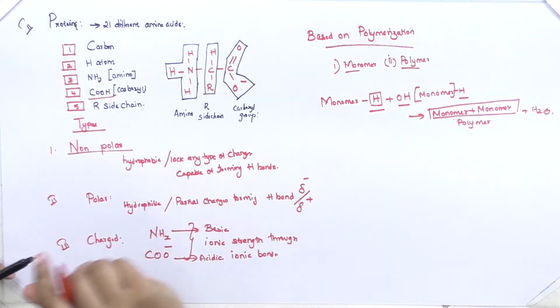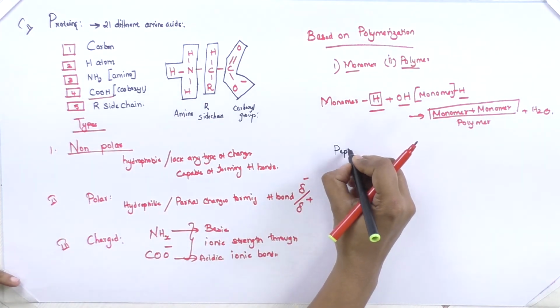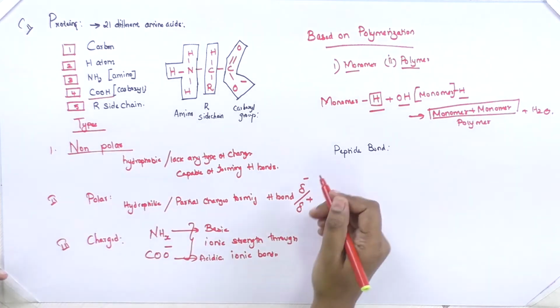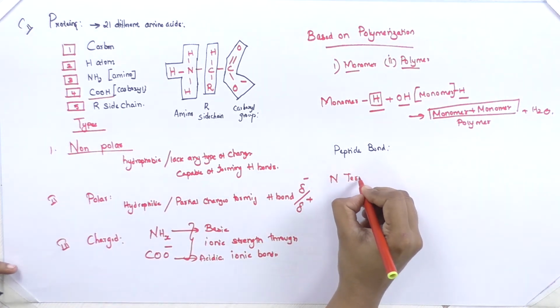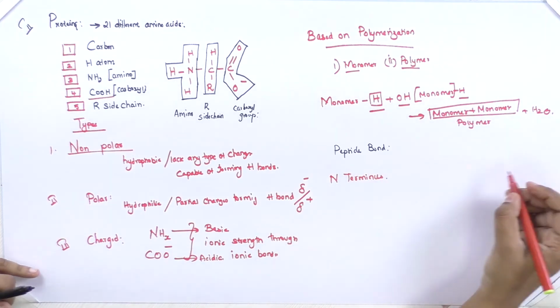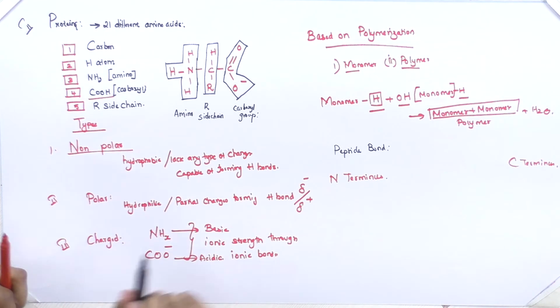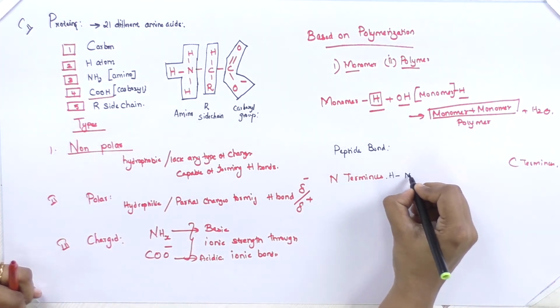So there is a peptide bond linking between one amino acid and another, a peptide bond. That is the N terminus, the amino terminus, and you have your C terminus, the carboxyl terminus. So for the N terminus I am drawing the amino group.